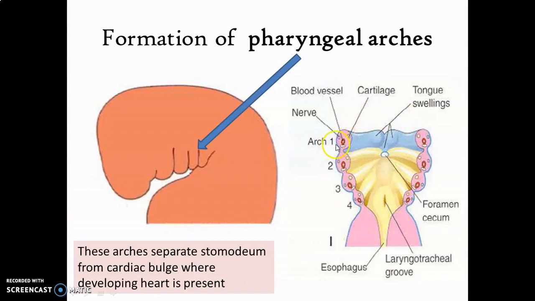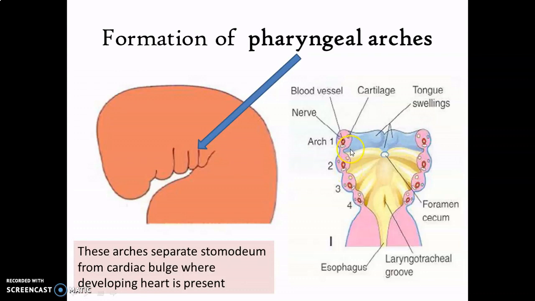And these mesodermal thickenings or pharyngeal arches are lined externally by a layer of ectoderm and internally by a layer of endoderm. And these depressions on the external surface, which is lined by ectoderm, are known as pharyngeal clefts. And these depressions between two arches internally, which are lined by endoderm, are known as pharyngeal pouches.